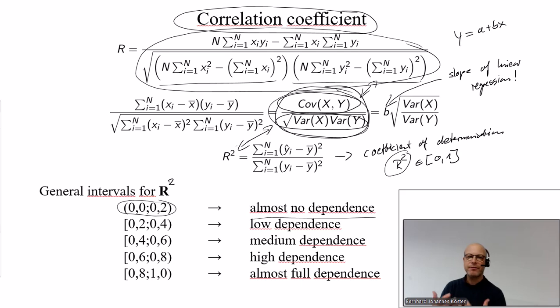But you always have to be careful when doing statistics. What is your data about and what is your general question you are interested in? So we cannot say in general that an r square of 0.15 is showing no dependence.